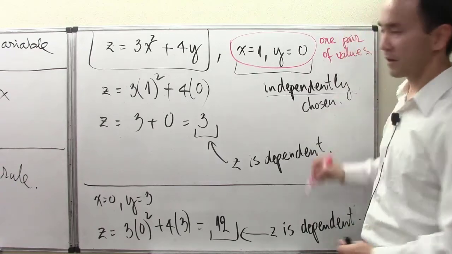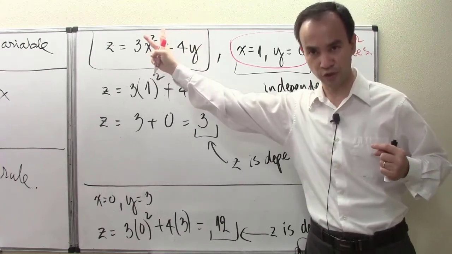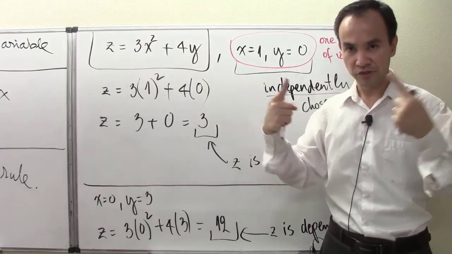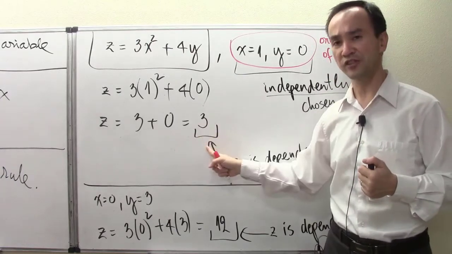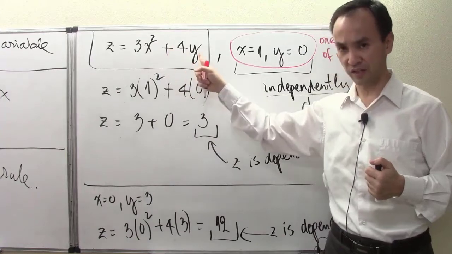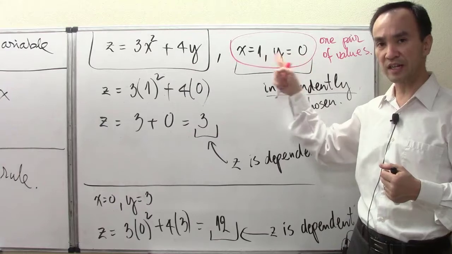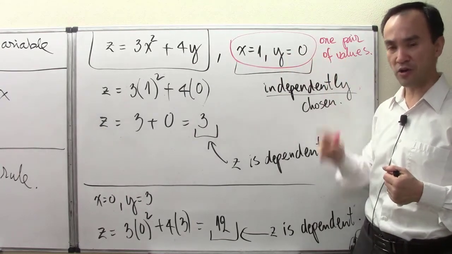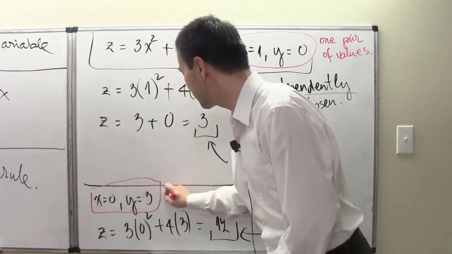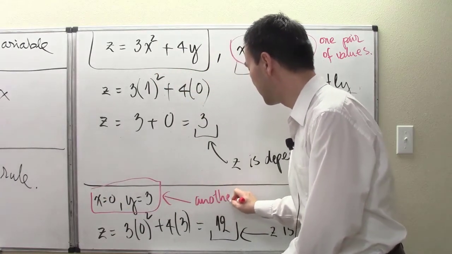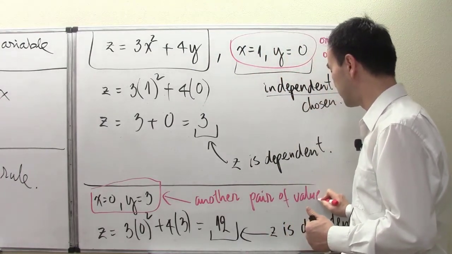Our rule requires two input variables to come together and come up with the function's output. So the two values are referred to as one pair of values. And then here we have a different pair of values.